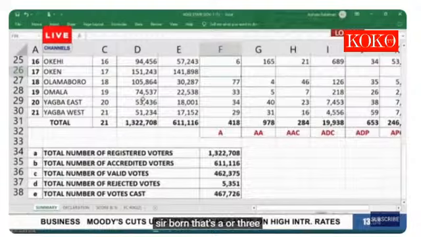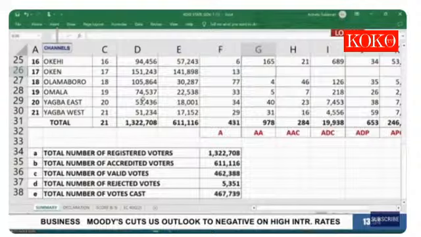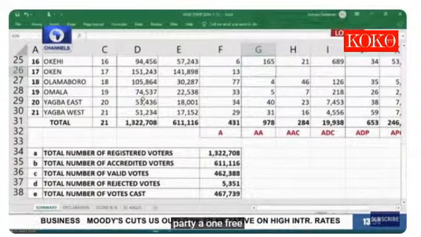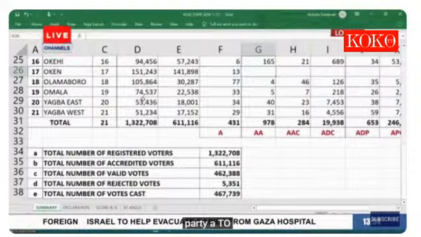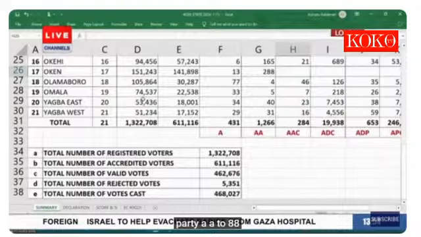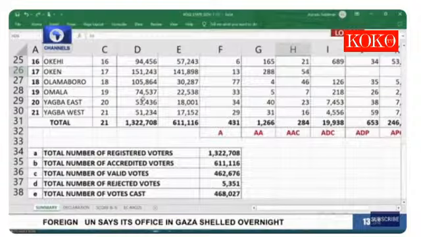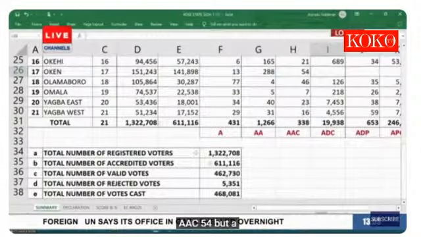Party A, 13. Party AA, 288. Party AAC, 54.